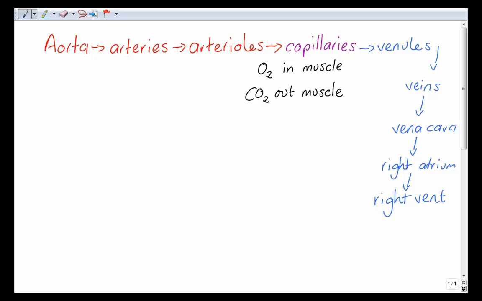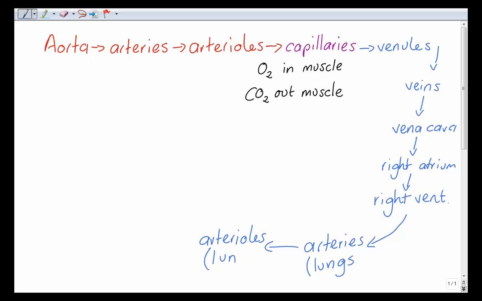And then the right ventricle will send it to the lungs. Now, the lungs also have arteries, arterioles, capillaries, etc. So now we are looking at arteries in the lungs and arterioles in the lungs.